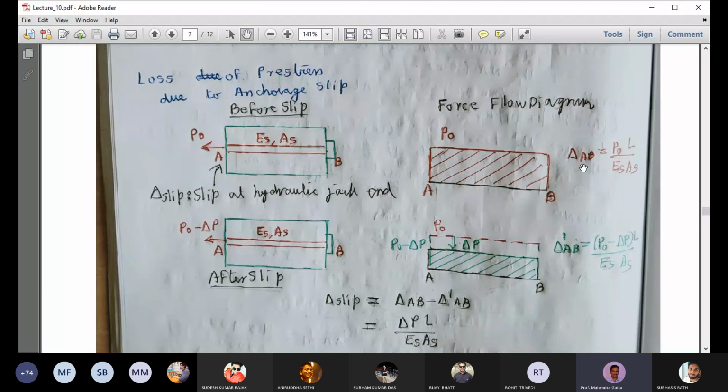That elongation will be the area under the curve by EA. So the area is P naught into L by EA. That is the elongation in the cable. Now what happens is we have provided the hydraulic jack force, and that cable is now put into a wedge system.